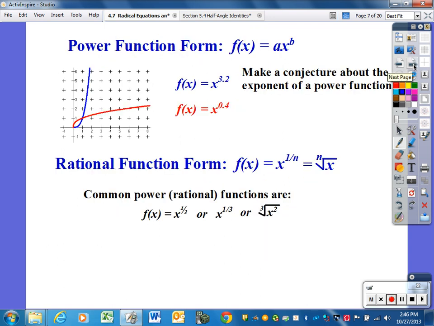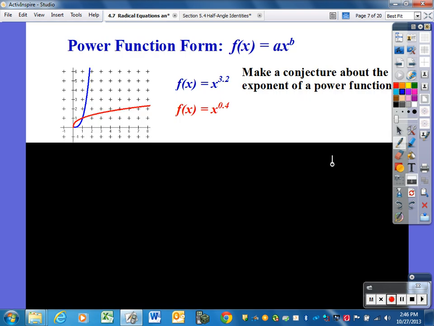All right. Let's take a look at the power function. The power function would be f of x equals ax to the b. It's where the variable is raised to the power. Where before, when we had the exponential function, the base was raised to the variable.